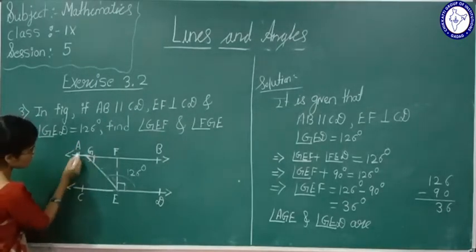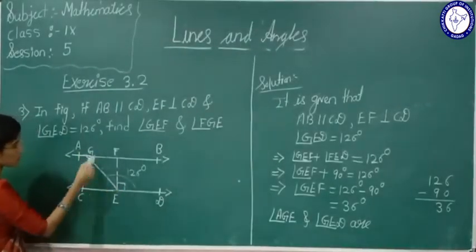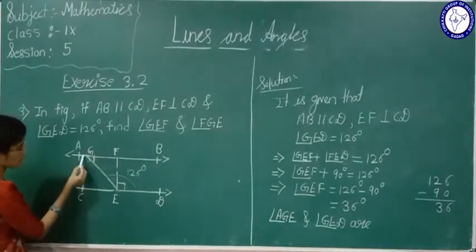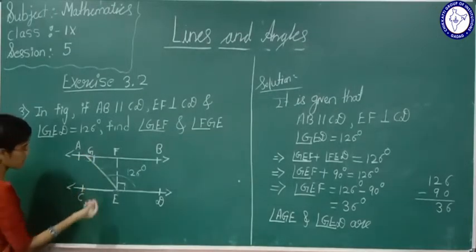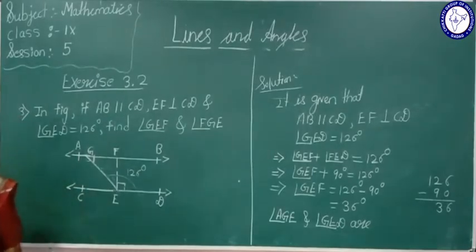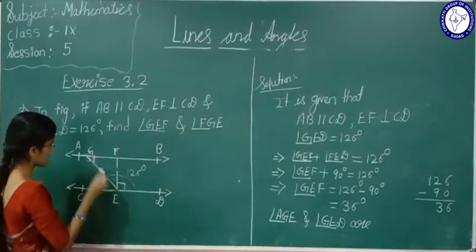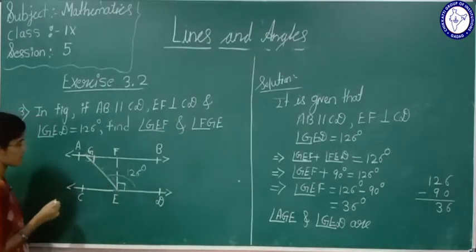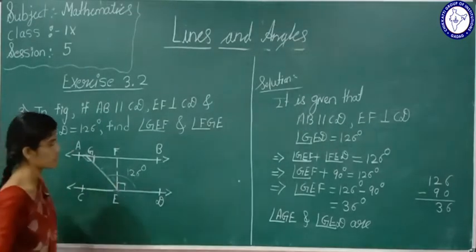Now tell me, here these two lines are parallel and this line is intersecting at two different points. If two lines are parallel and a line intersects them at two different points, then the alternate interior angles are equal. What can we write?